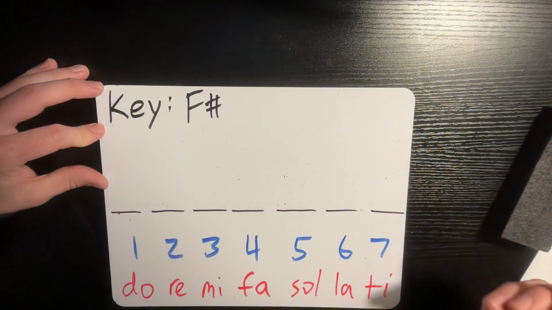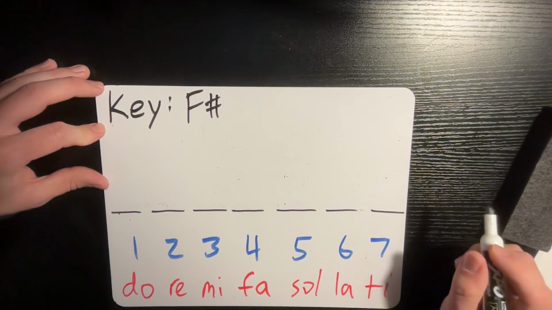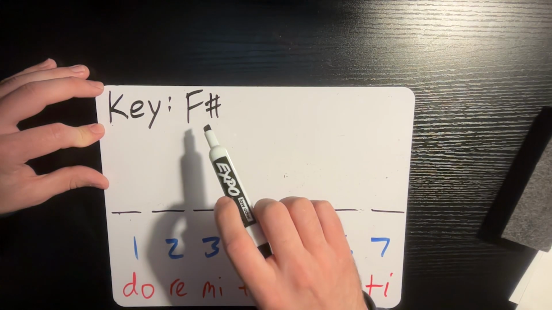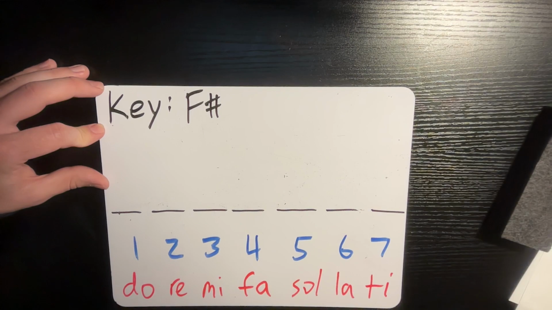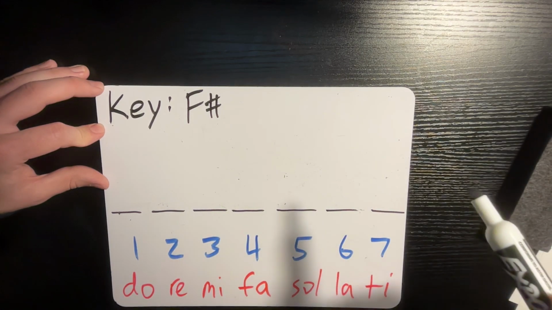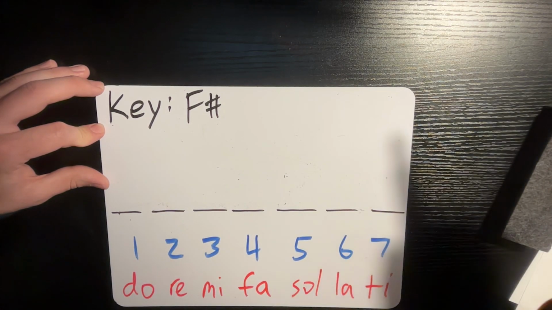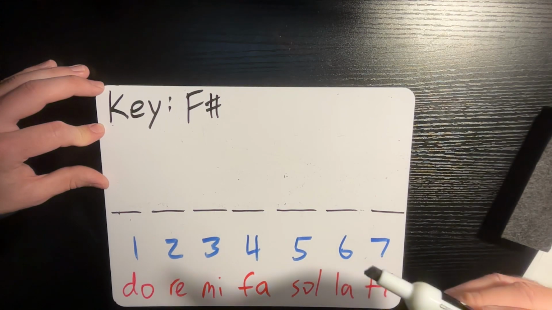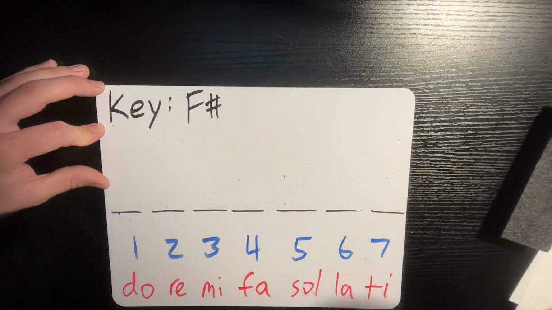Now this is the first key that we've seen where the root note of the key is a non-natural note. It's an accidental, it's a sharp note. This is the case for most of the flat keys. Most of the flat keys begin on a flat note. This is the first sharp key that begins on a sharp note.